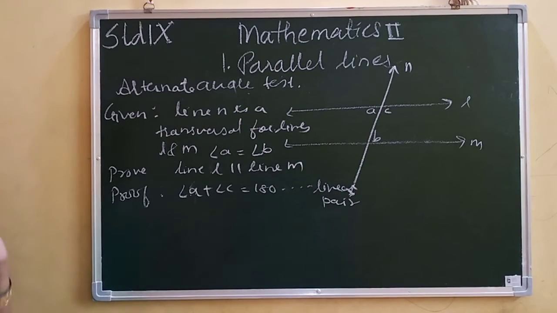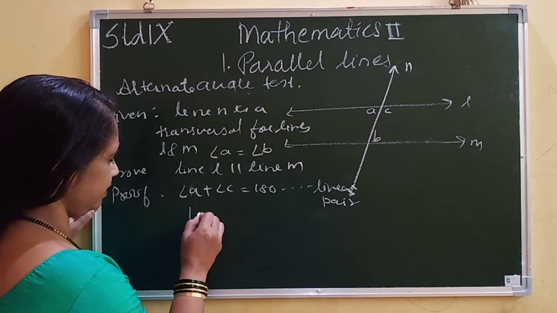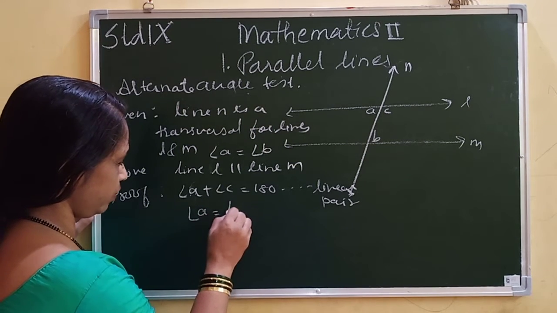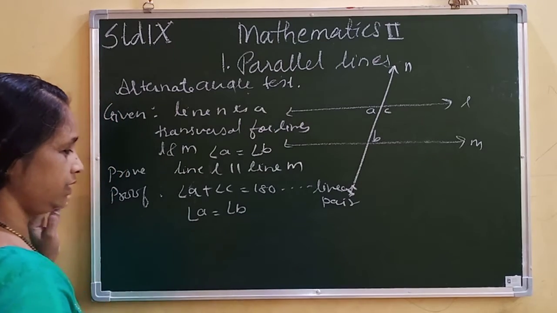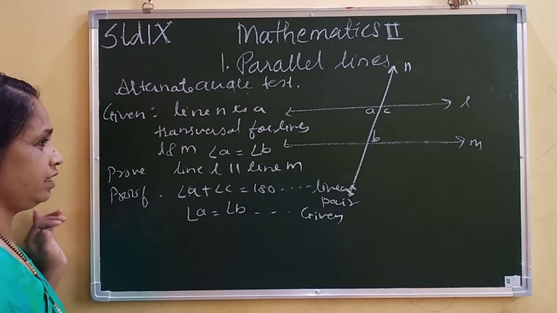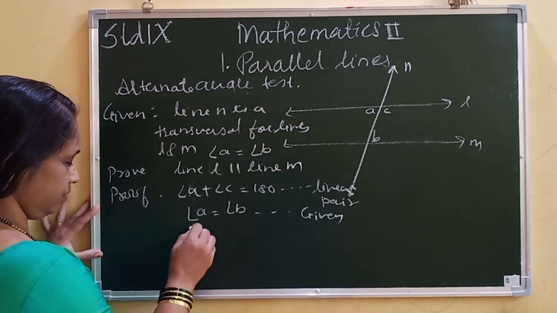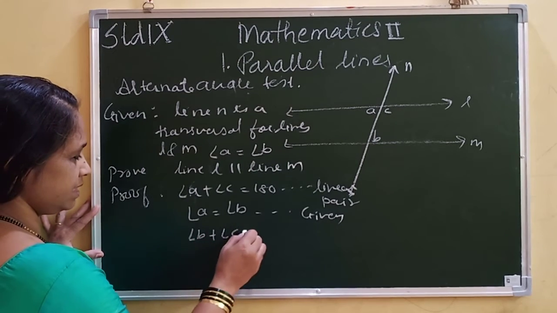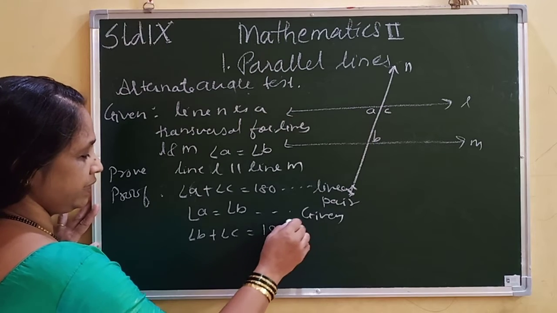Now angle A and angle C are a linear pair. Now it is given that angle A is equal to angle B. Means angle B plus angle C is equal to 180 degrees.